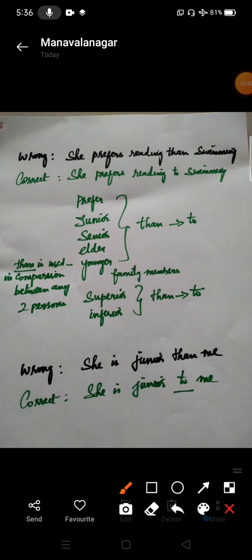Look here: prefer, junior, senior. So listen, senior, elder, younger, and superior, inferior.